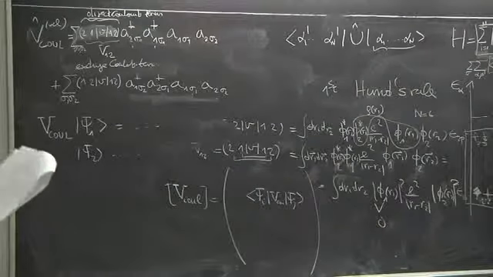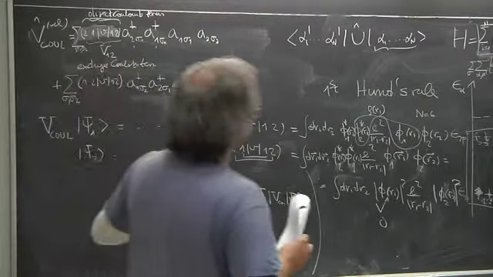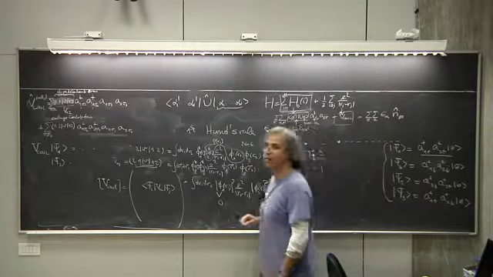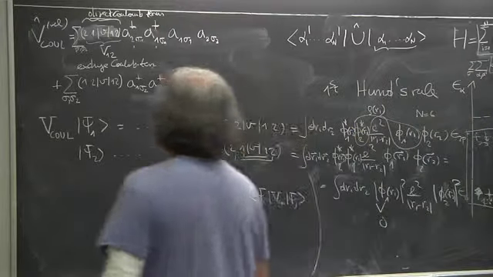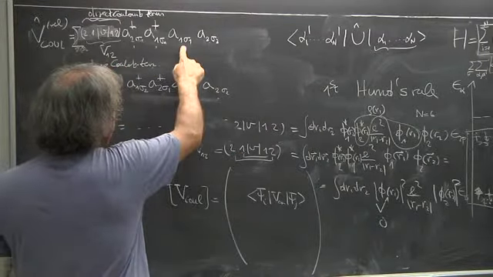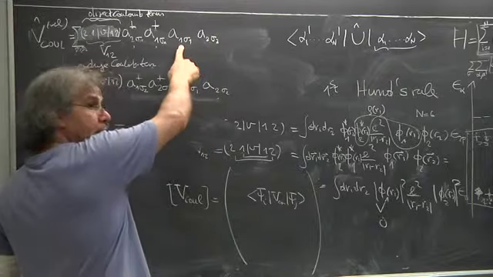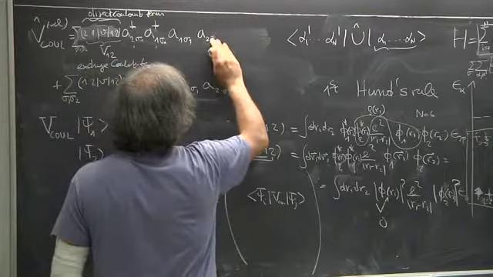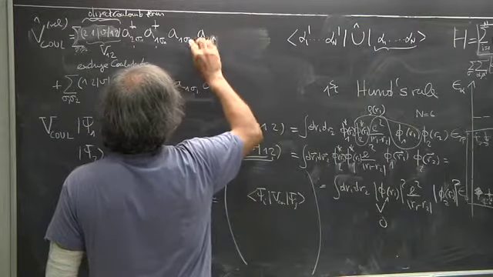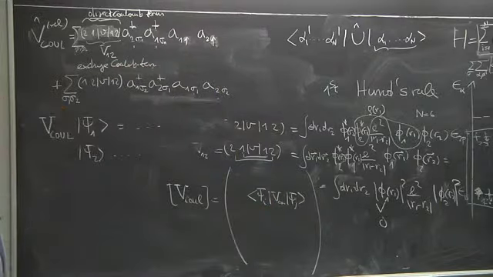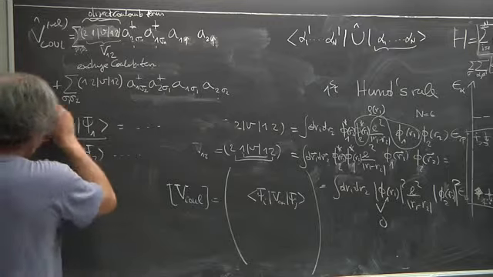Now, for instance, psi 1 is 2 electrons up in 1 and 2. So obviously, sigma 1 and sigma 2 have to be both up, because I want to destroy 1 up and 2 up. Otherwise, I cannot destroy the down, because in 1, 2 there is none. I'm looking at this.